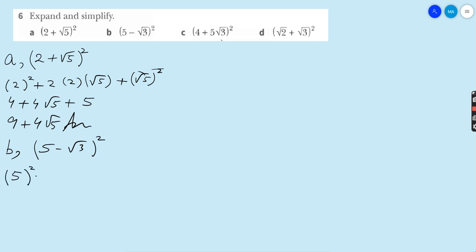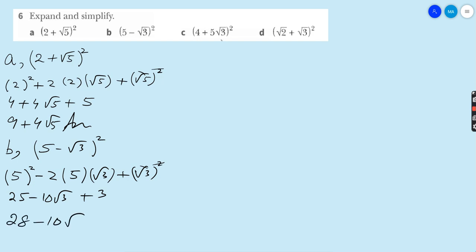A square minus 2ab plus b square. 5 square is 25 minus 2 5s are 10 root 3 plus square and root cancel 3. 25 plus 3 is 28 minus 10 root 3. This is the answer of part B. 28 minus 10 root 3.